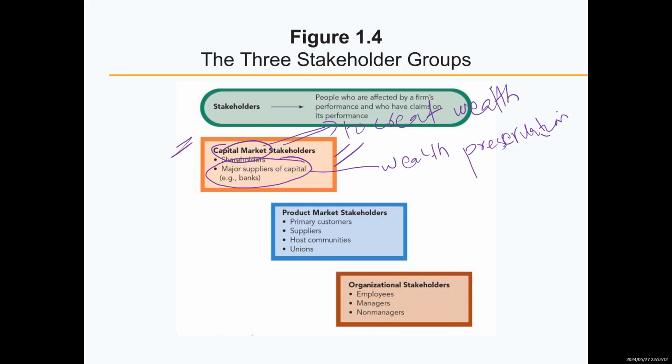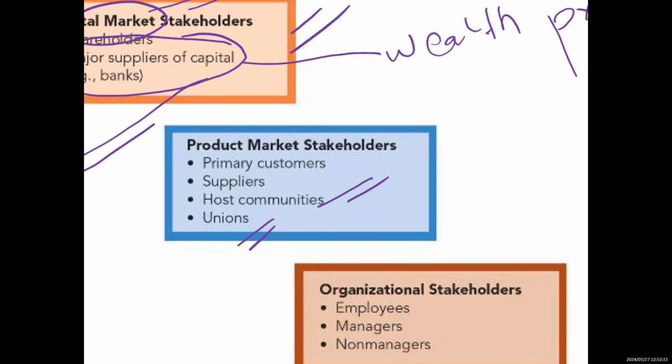On the other hand, there are product market stakeholders, and these are customers, suppliers, host communities, and unions. So, what are the primary expectations? Let me zoom in on this. So, if you pay close attention here, primary customers' expectation is product reliability at the lowest possible price.